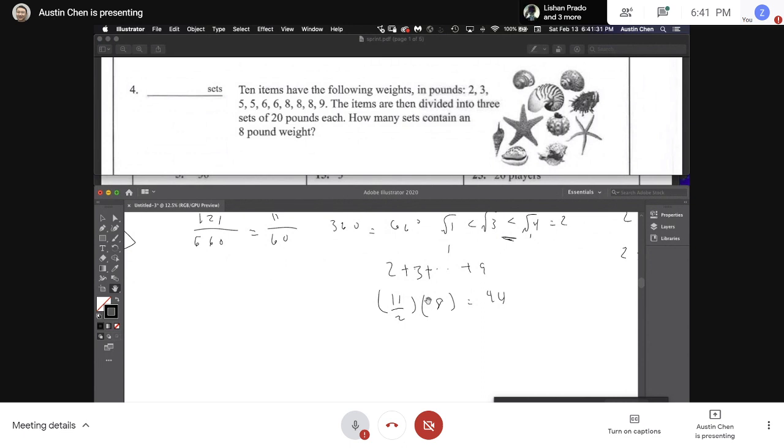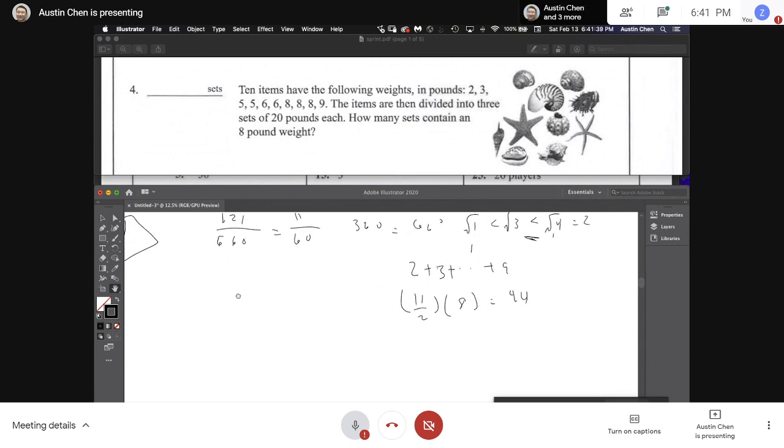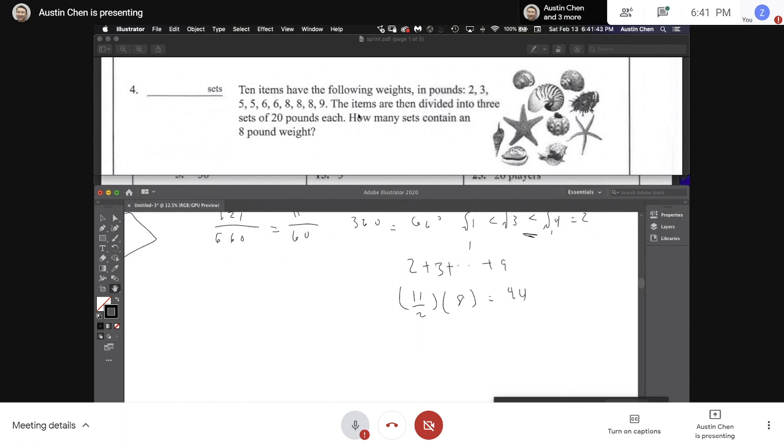We want to find how many sets contain an 8-pound weight. So I think the only way you can really do this is to sort them so that each of the groups has 20 pounds, and then find how many sets have an 8. I don't really see any other way you can do this.